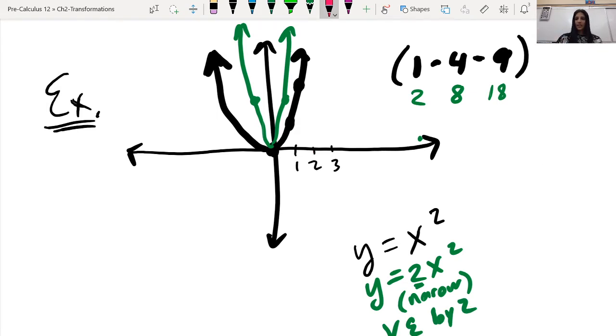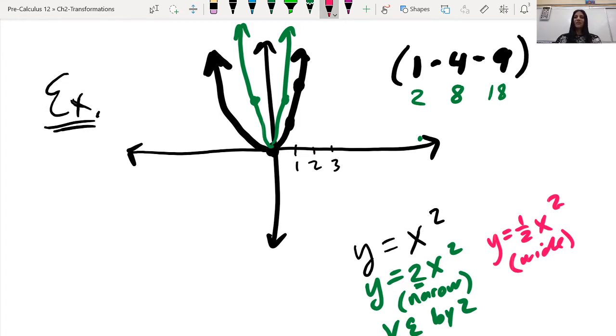And then similarly, if I do y equals a half x squared, well, I kind of already told you, if this one's narrow, this one's obviously going to be wide. And that's because what this is saying is you're halving your y value.